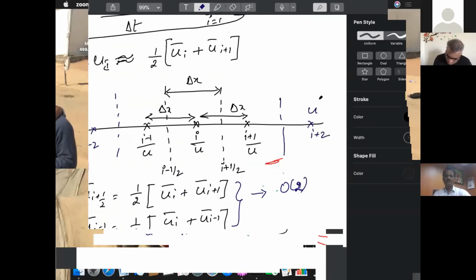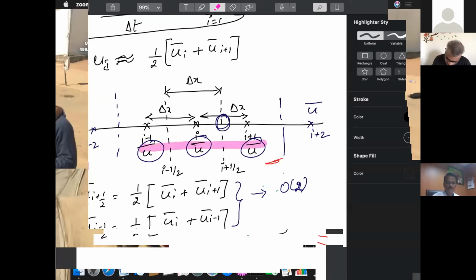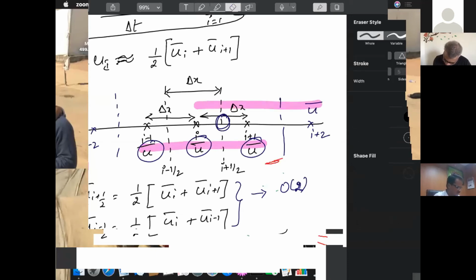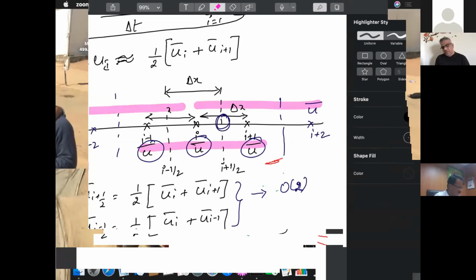And I have U bar here. So to calculate the value here, I am considering this value, this value, this value, as one stencil. I can use this as one stencil, or I can use this as one stencil.